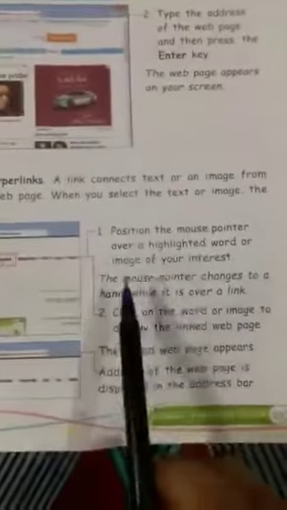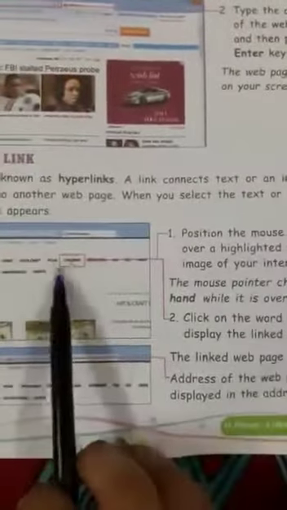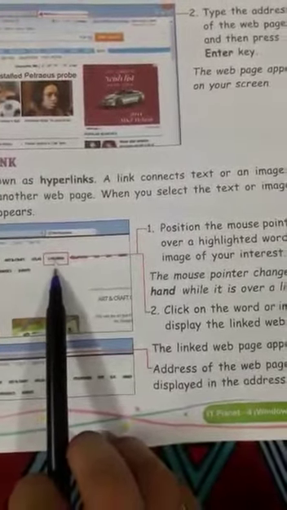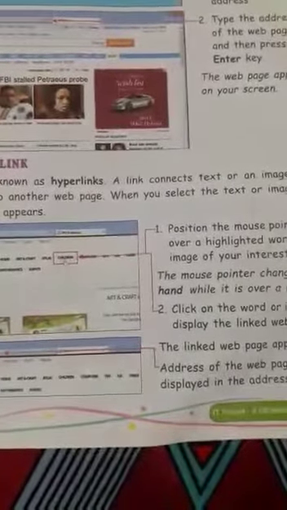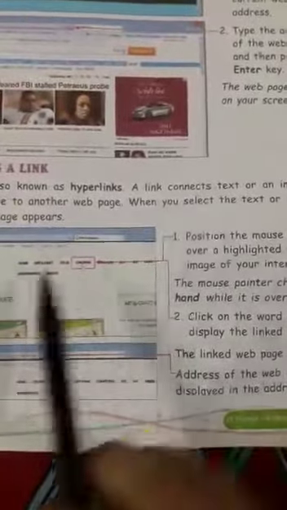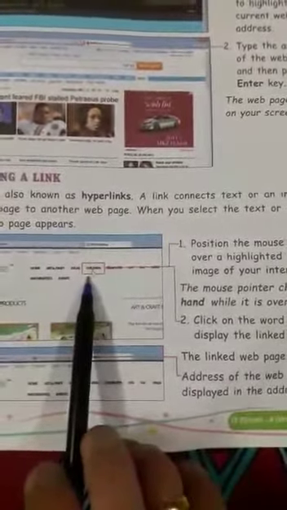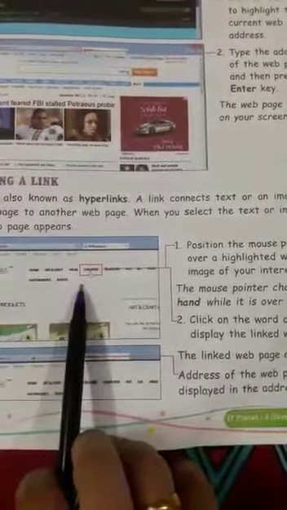You will simply position the mouse pointer over the highlighted word. So you will position the mouse pointer here, and after that you will click on the word and the web page related to children will be opened. So it is very simple. Position the mouse pointer here, click on the link, and that link will be opened.